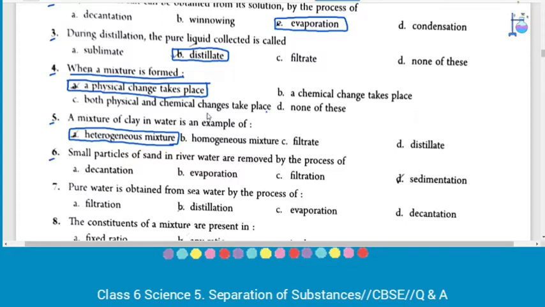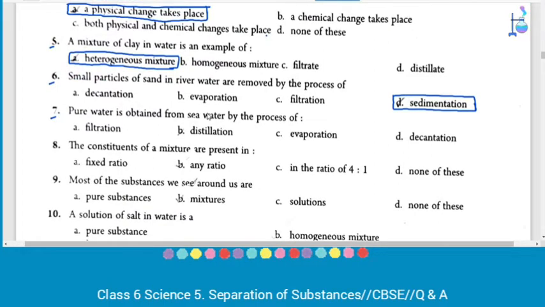Sixth question, small particles of sand in river water are removed by the process of either decantation, evaporation, filtration, sedimentation. Answer is sedimentation. The small particles of sand in river water are removed by the process of sedimentation.